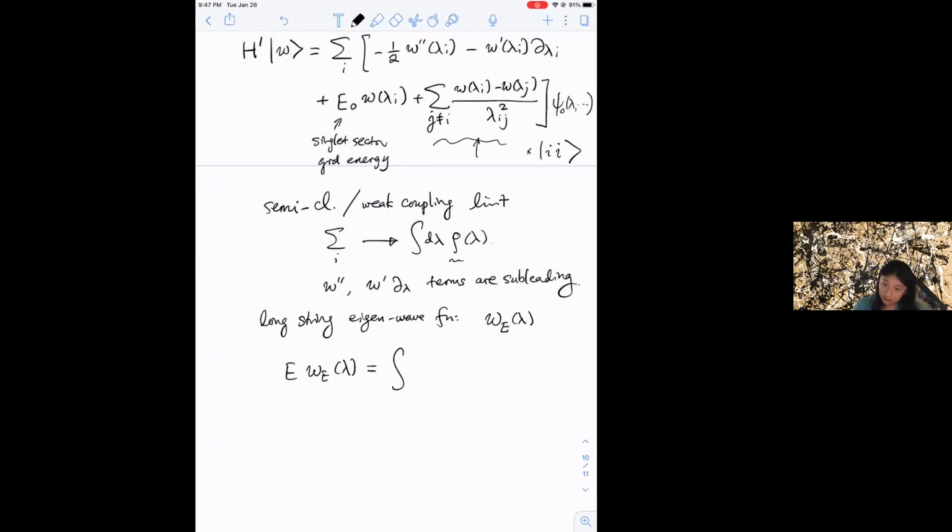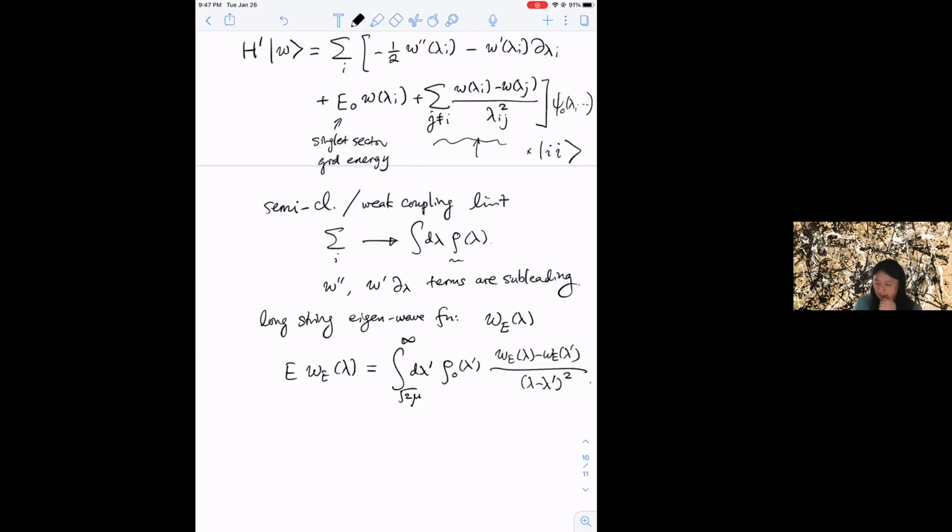So we have integral d lambda prime. Remember, lambda prime ranges from square root of 2 mu to infinity. Recall from the second lecture, we have some ground state eigenvalue density rho naught of lambda prime. And we just rewrite the sum into an integral. So we have W E of lambda minus W E of lambda prime over lambda minus lambda prime squared.